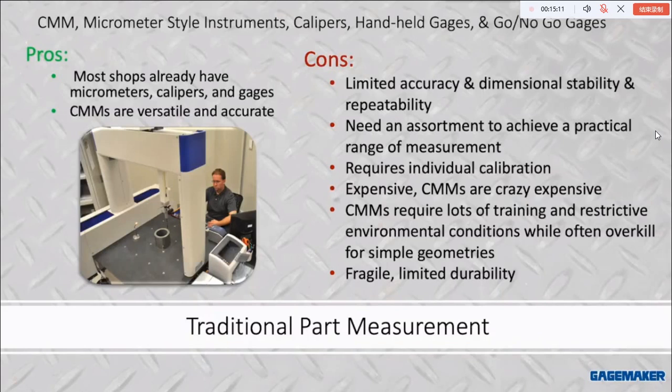And you really need a huge assortment of gauges to achieve a practical range of measurement.